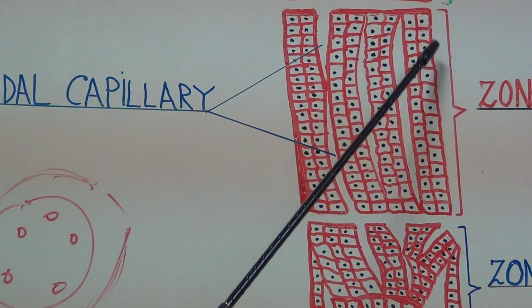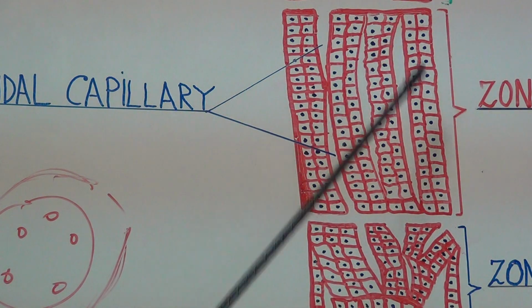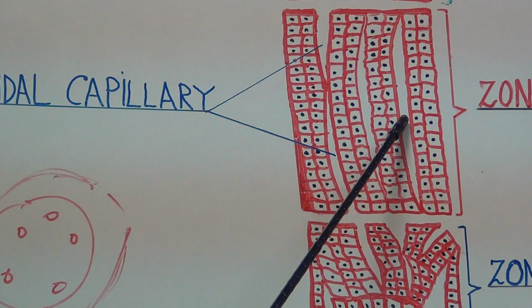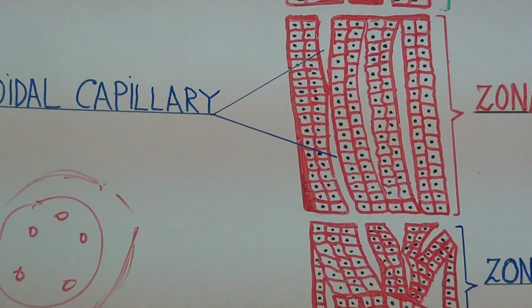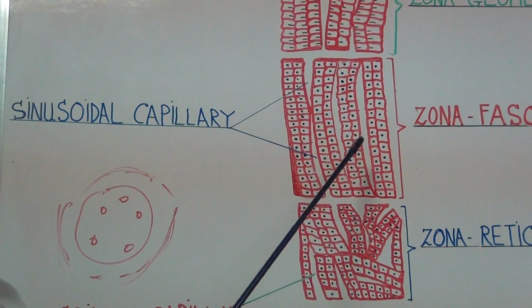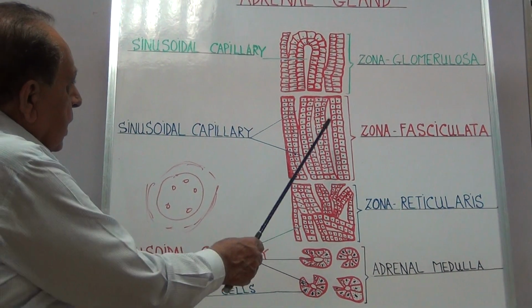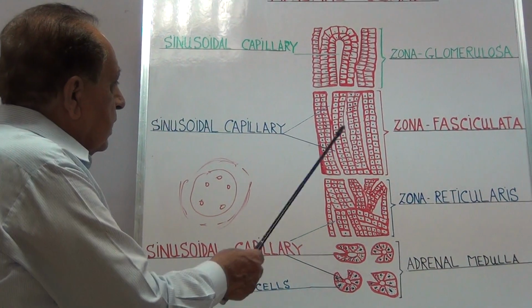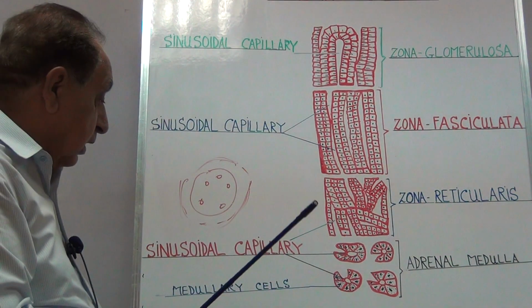These cuboidal cells form a double layer and form a cord. In between the cords is the sinusoidal capillary, so these cords are separated from each other by sinusoidal capillaries, and this layer contains more lipids than the first layer.